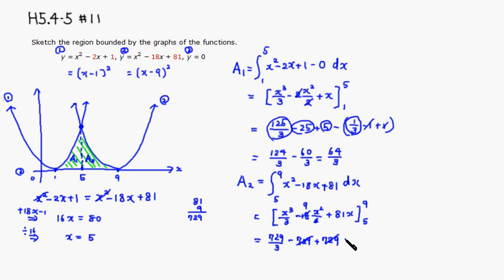Minus, plug in 5. So we've done this before, 125 over 3. Minus, this one's a little different, so it's 9 times 25. So what's 9 times 25? It's 225.